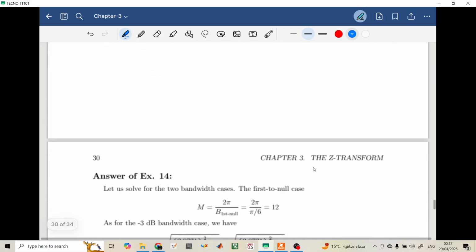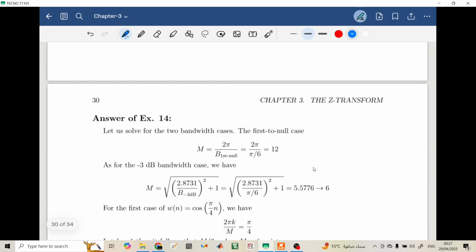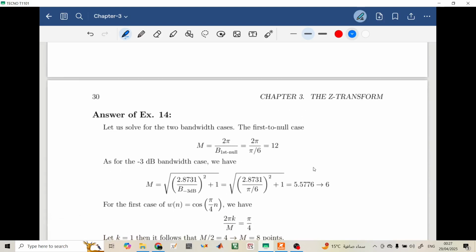Okay, now since we did not determine the type of the bandwidth, we will try them both. So we'll first find the first null bandwidth, where you plug in the values in the formula, right? So the first null will be pi over 6, and use this formula here. So easily the moving average filter must have 12 points.